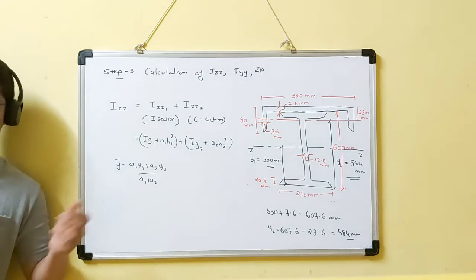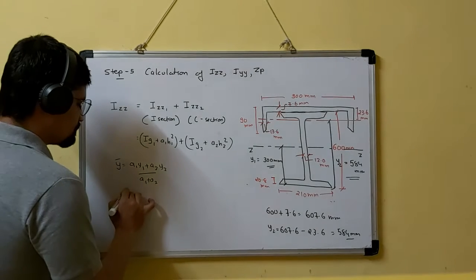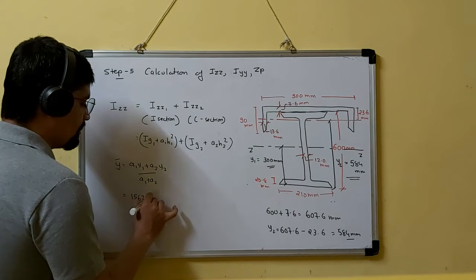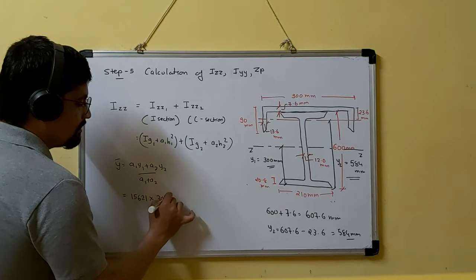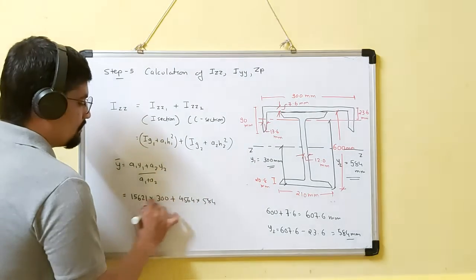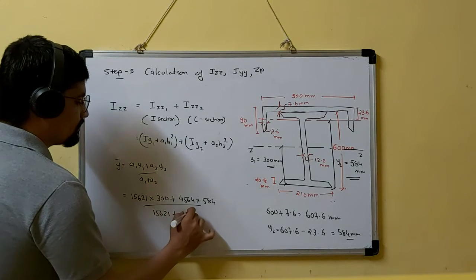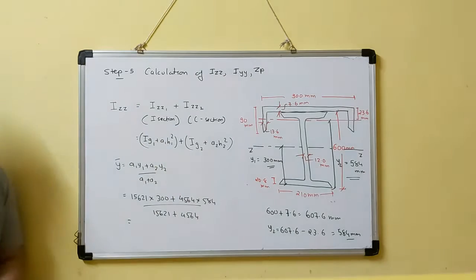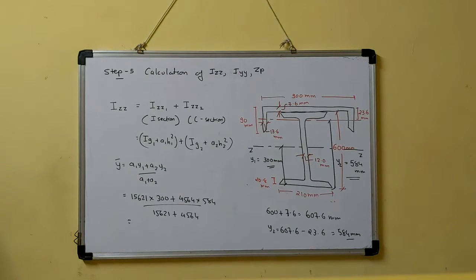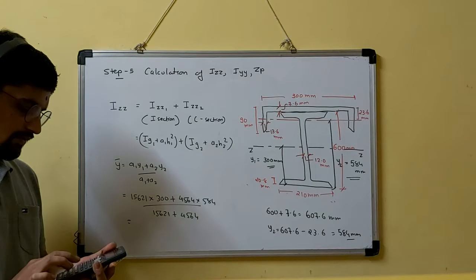The areas will be taken from the given data of ISMB 600 and ISMC 300. A1 is the area of the I section and A2 is the area of the C section. So the value of y bar is 15621 into 300 plus 4564 into 584, divided by 15621 plus 4564.